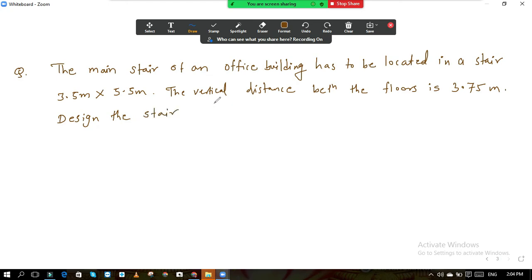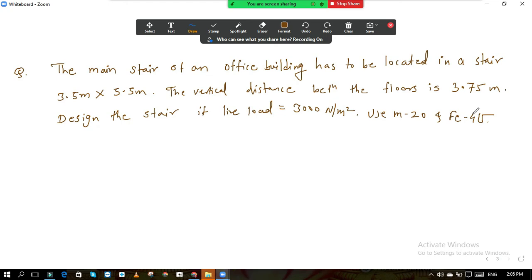Design the stair if live load is equal to 3000 Newton per meter square. Use M20 and Fe 415. Okay.